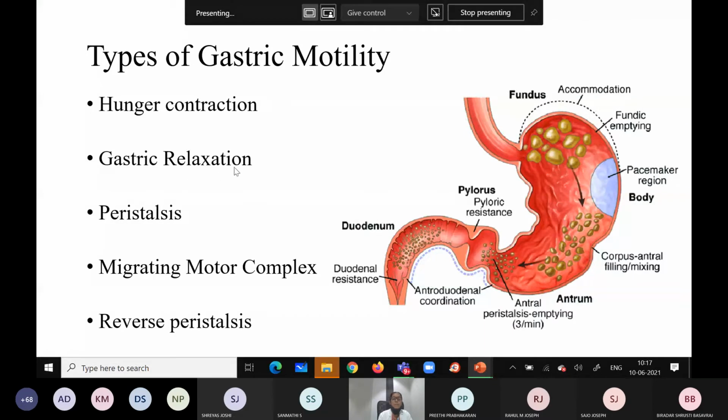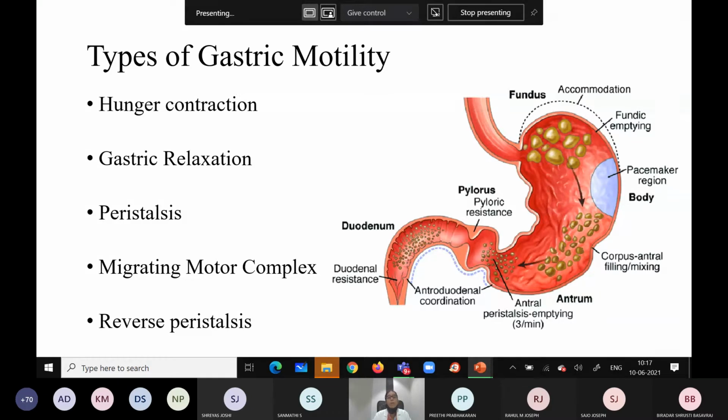Okay, gastric relaxation is whenever you start chewing or something is there in your mouth, or whenever you are swallowing, at that time itself our stomach starts relaxing. To accommodate the food, our stomach will start relaxing. This is called gastric relaxation or receptive relaxation. This is mediated by our vagus nerve.